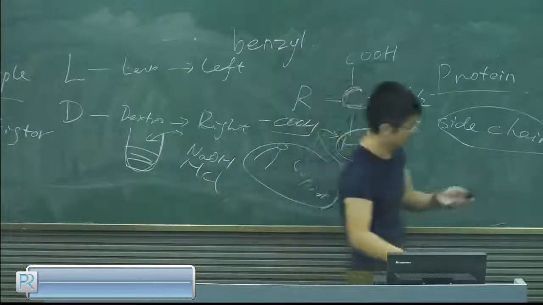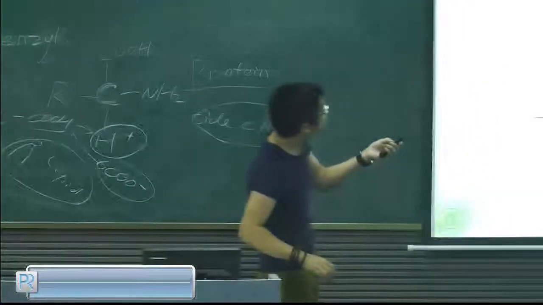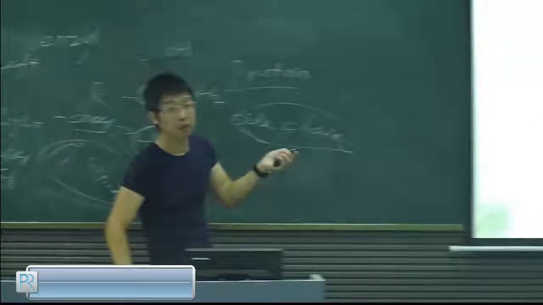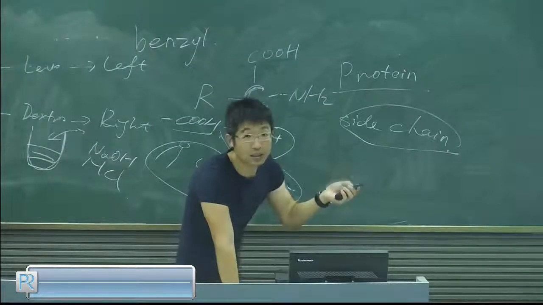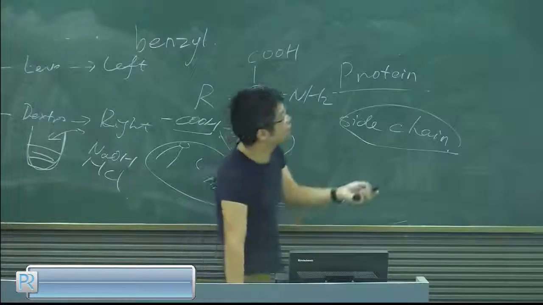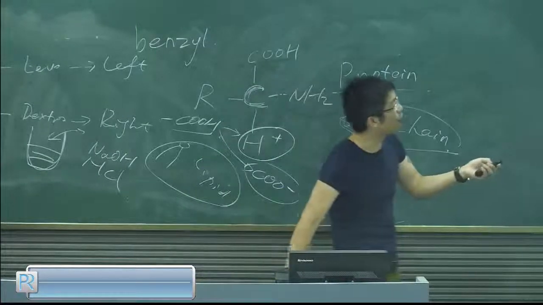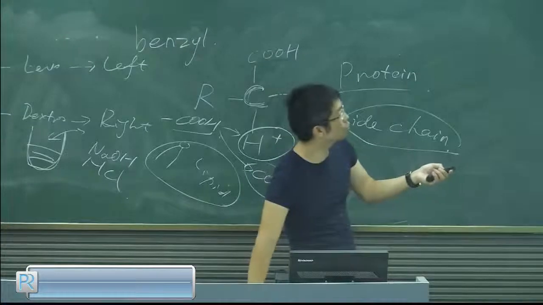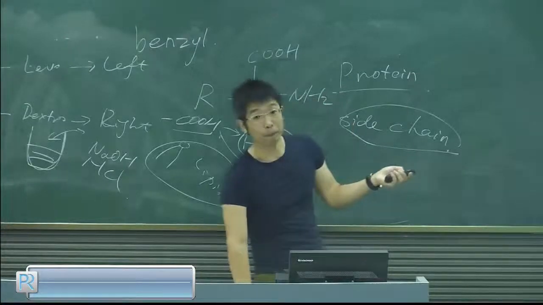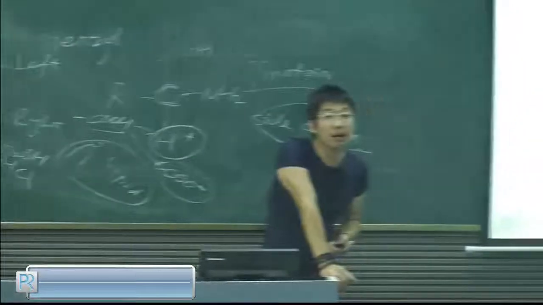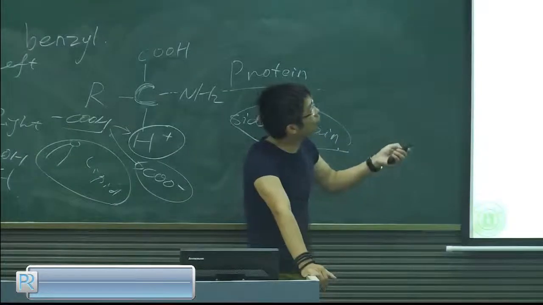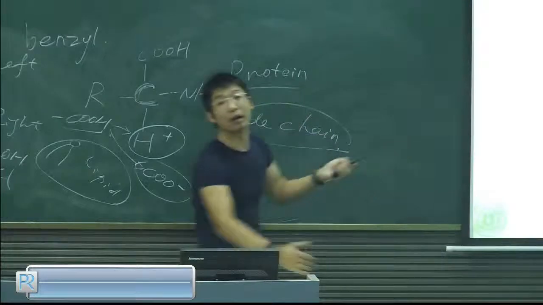At this point only this group can be ionized. So the parameter for this state is pKa equal to 2.34. 2.34 is an acidic pH value, right? Because only the carboxyl group is ionized.